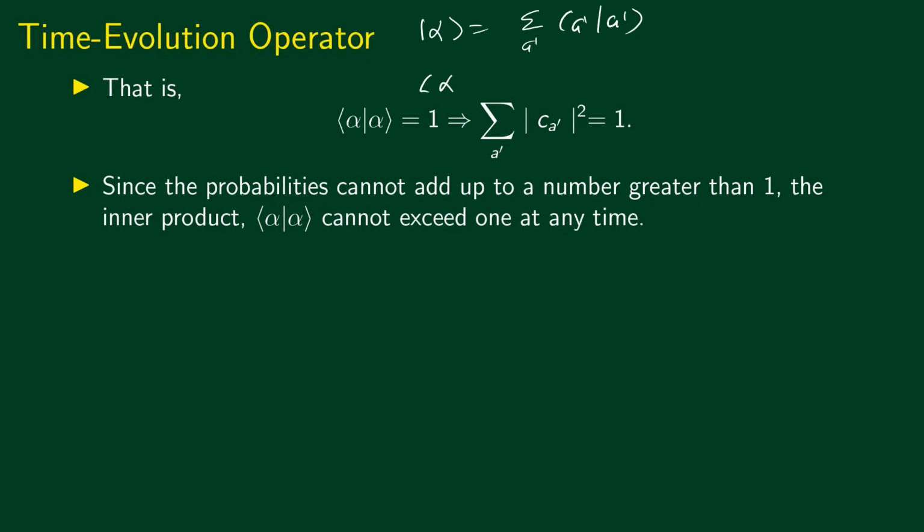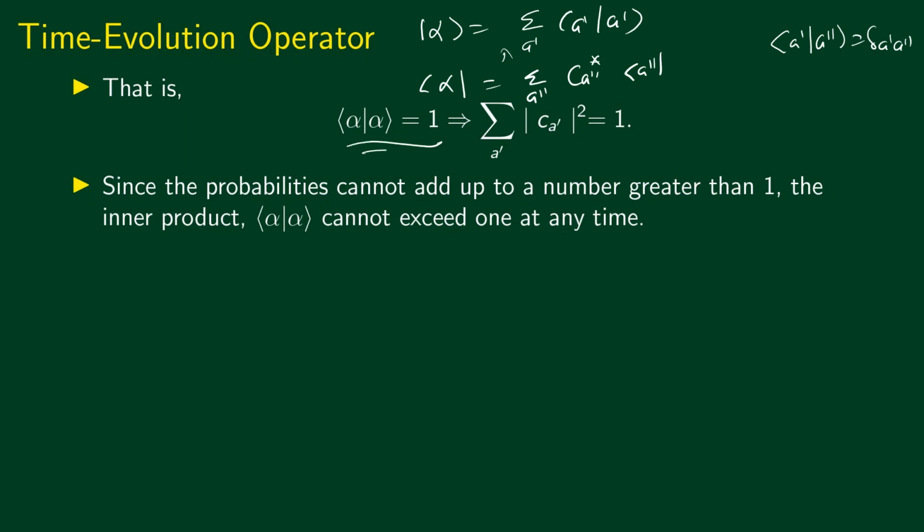The corresponding bra alpha can be written as sum over a double prime c a double prime star bra a double prime. Take the inner product, use the orthonormality condition, bracket a prime a double prime is equal to delta a prime a double prime, and then you see that it will lead us to this equation.